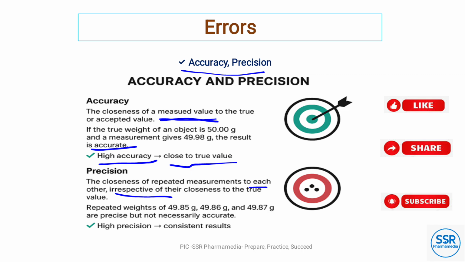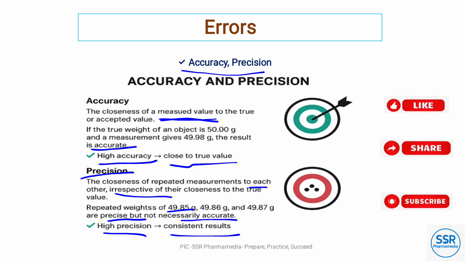For example, repeated weights of 49.85 gram, 49.86 gram and 49.87 gram are close to each other. These values are called precise but not necessarily accurate. High precision leads to consistent results.